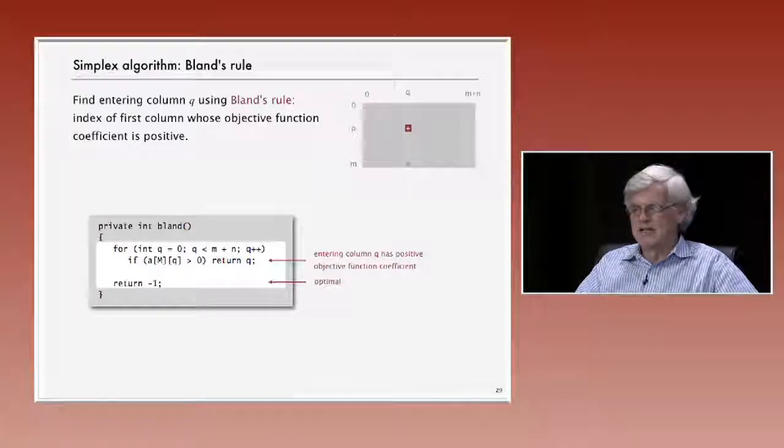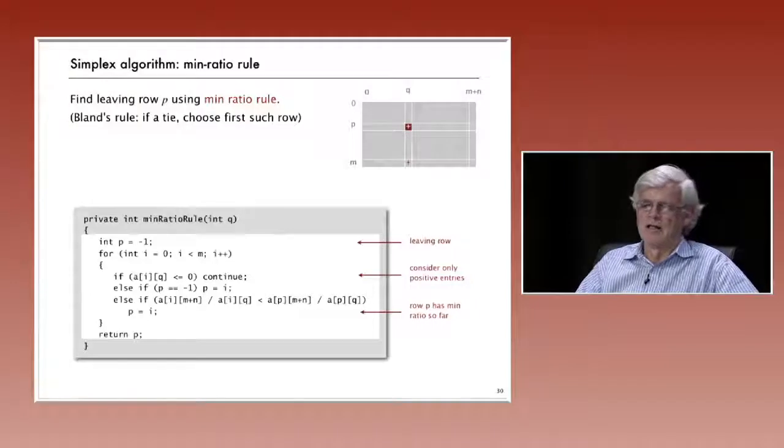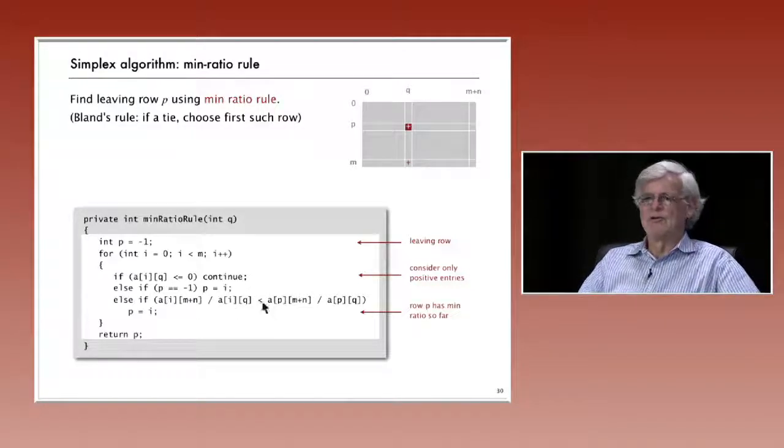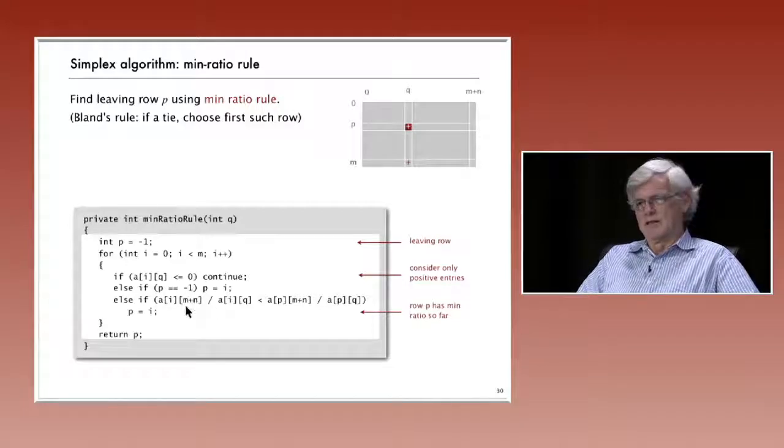We also have to find the leaving row. And to find the row, we use the minimum ratio rule. So we just go through all the possible rows. We do this calculation involving the ratio between the current element and the element that we would pivot on.